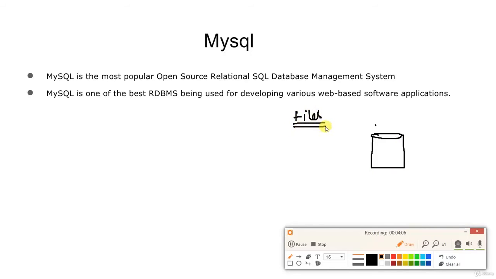But why do we not use files, and why do we use a database management system? Can you tell me the answer? Why is a file not a very efficient solution for saving data? You can store some amount of data in files, for example your contacts or your friends' birthday list. But if the data becomes very large, handling it through files becomes a very difficult and tedious job, and the data also suffers from inconsistency.